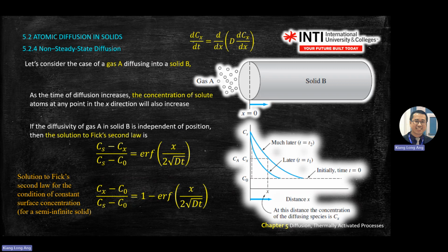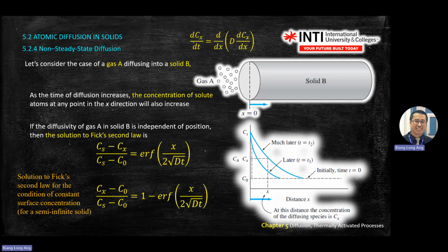There is another way of writing the second law: Cx minus C0 divided by Cs minus C0 equals 1 minus erf of x over 2 root Dt. It's the same thing; you take the ratio with C0 and rearrange, and you will get this equation.